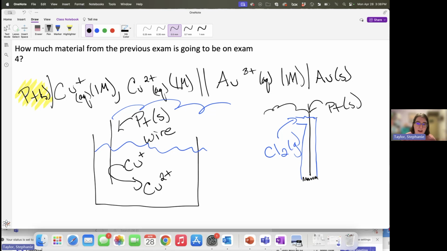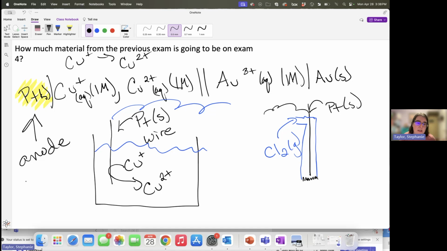The fact that you have to have the platinum there and that the platinum doesn't interact with the reaction itself, aside from a physical site for the reaction to take place, that we will ask. So in the case of my platinum dealing with my copper, because this is my oxidation reaction, my platinum is my actual anode.